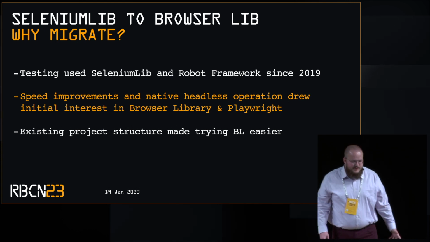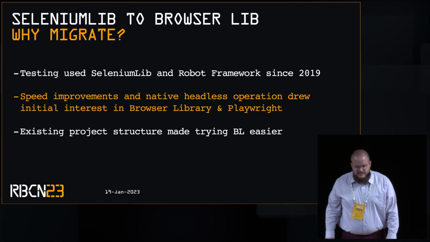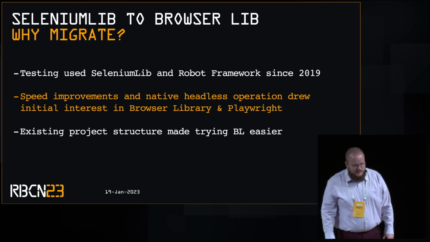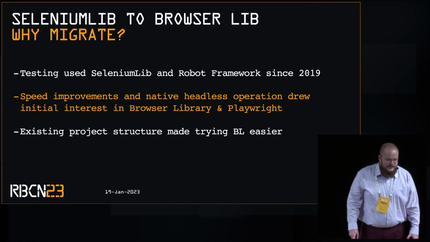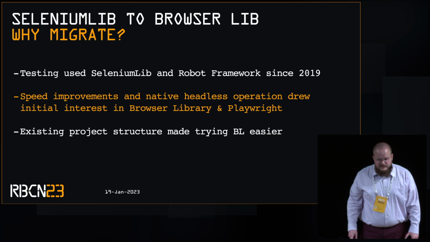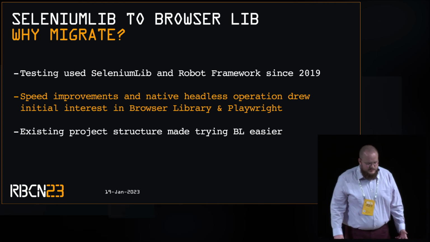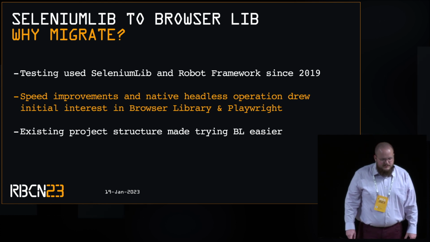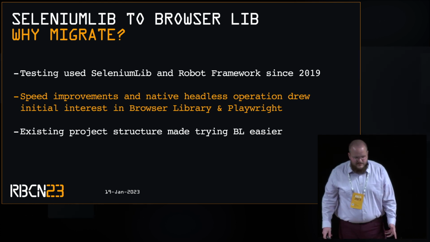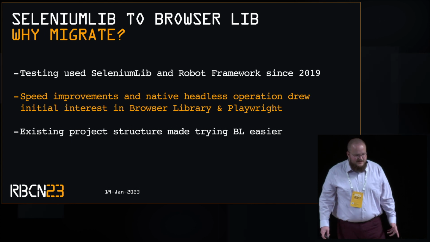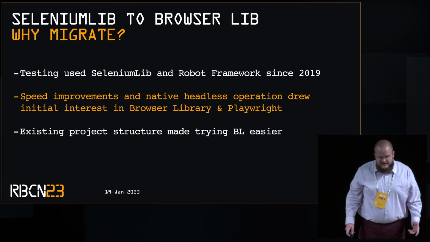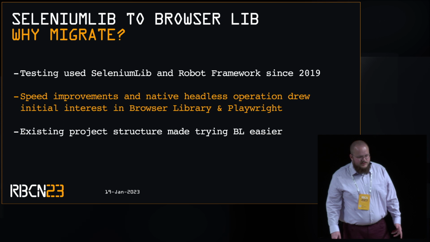So a little bit of background. We've been using Selenium Library since 2019, as well as Robot Framework. And we have noticed that in some ways, Selenium Library wasn't serving us particularly well. And we had heard talk about Browser Library and some speed improvements and native headless operation that we really thought would serve us better.